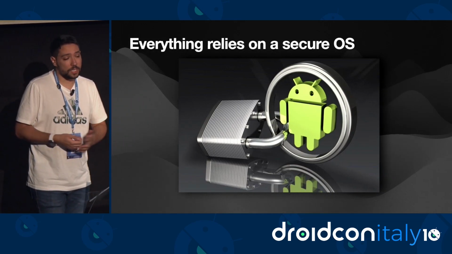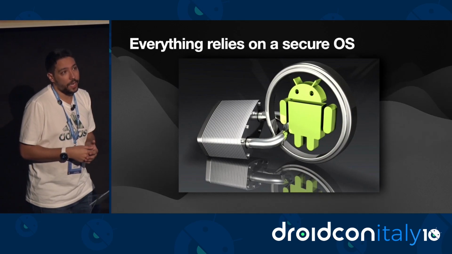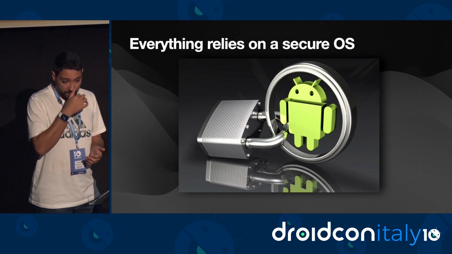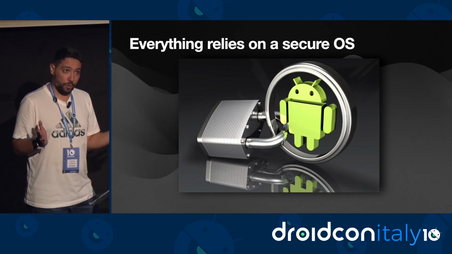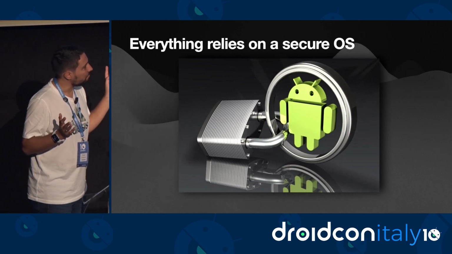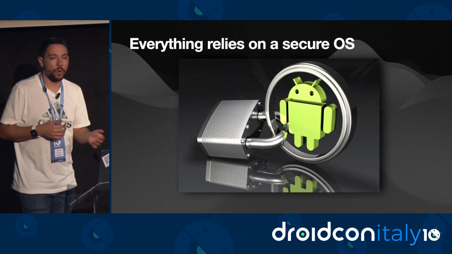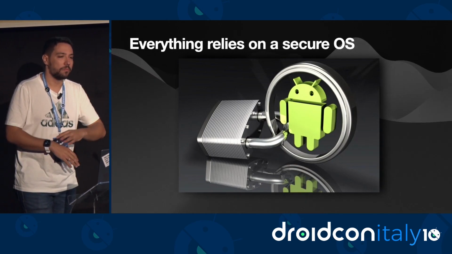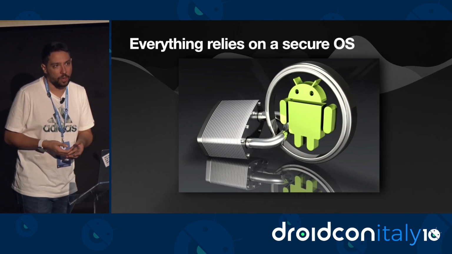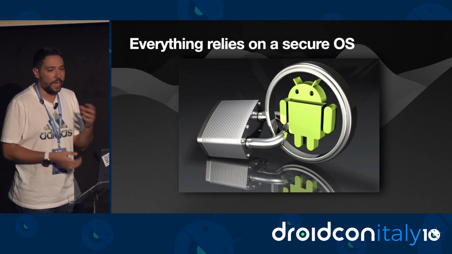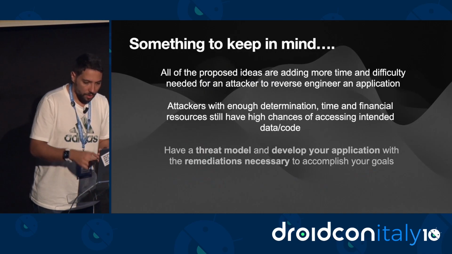That means that any of those security mitigations we discussed, even if you implement them all, when the application runs on a rooted device, all of this can mean nothing, because it can be changed on a lower level.